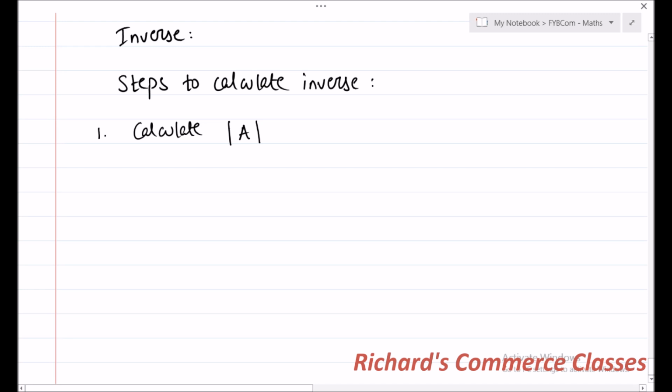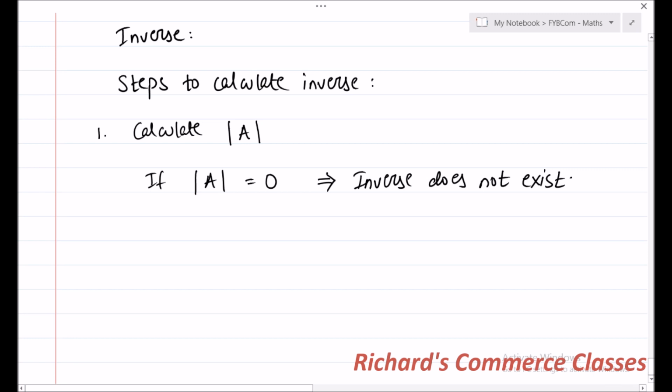At this stage, you need to see if the determinant of A is equal to 0, then the inverse does not exist. In the first part of this chapter, we studied how to calculate the determinant.